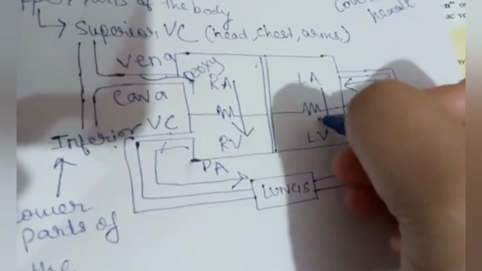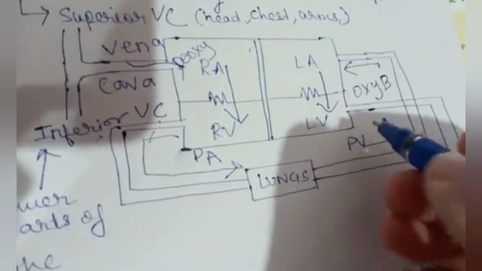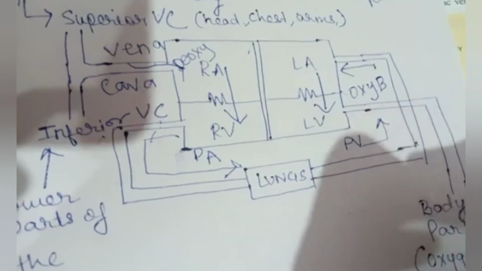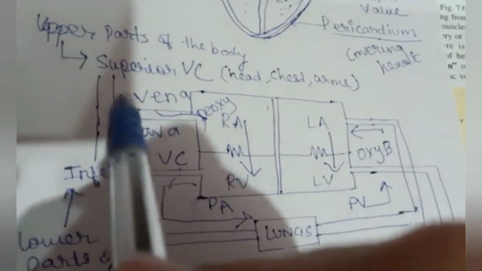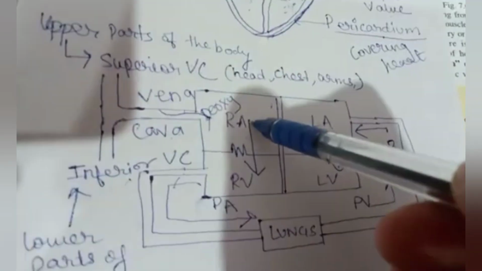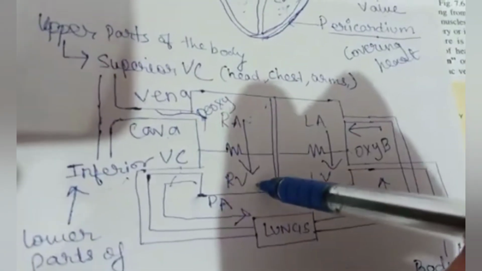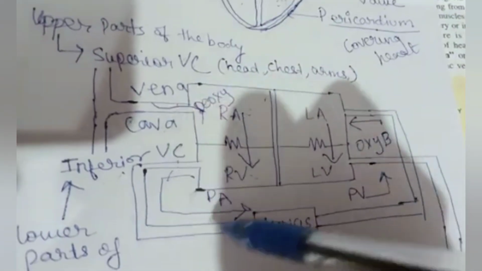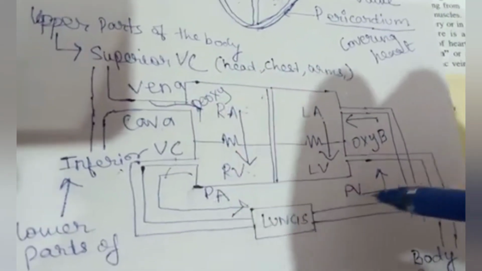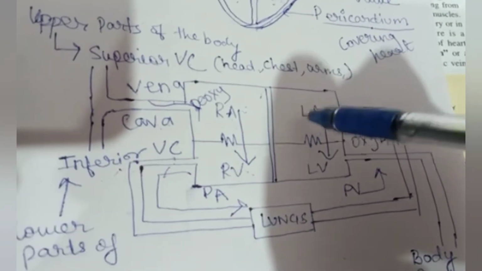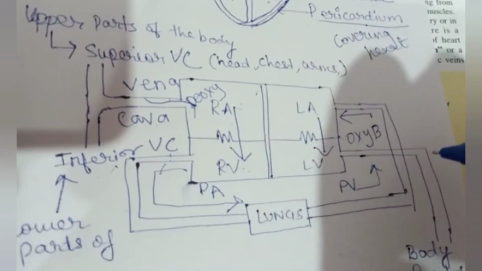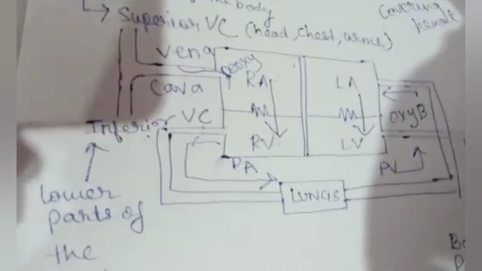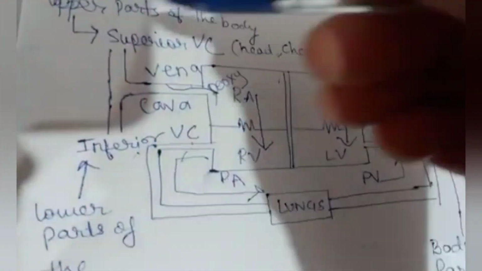From the left auricle it is coming down to the left ventricle, and from the left ventricle through the aorta it is going to all the parts of the body. So vena cava to right auricle to right ventricle to the lungs, from the lungs again back to the left auricle, from the left auricle to the left ventricle, and from the left ventricle to all the parts of the body. This is how the blood flows.